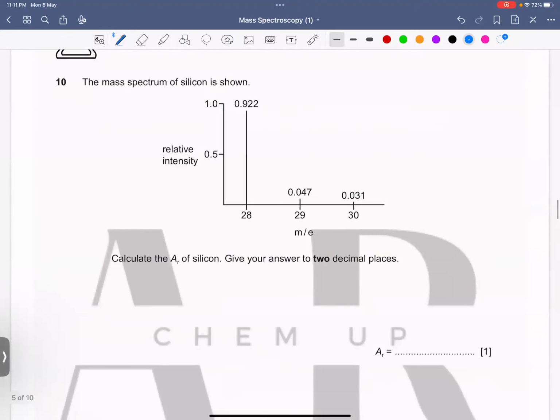Yes, everybody knows how to find the relative atomic mass of the element. Yes, sir. Okay. So here again, you have to find the number of carbon atoms.